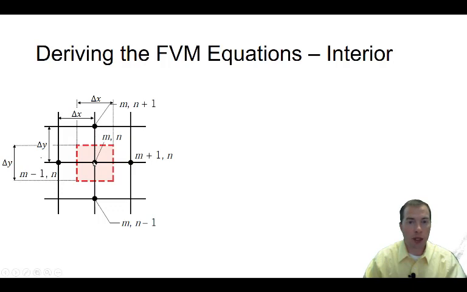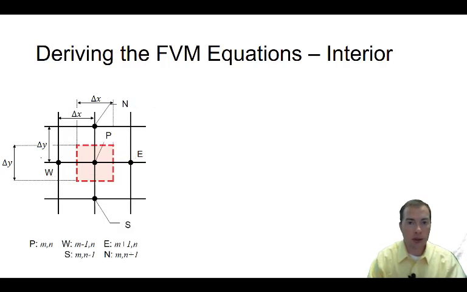Because faces are located midway between node points, this means that the length of the top face of a volume is also delta x, and the length of a vertical face of the volume is also delta y, equivalent to the node spacing.